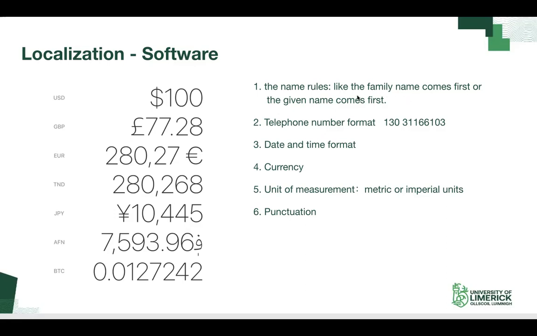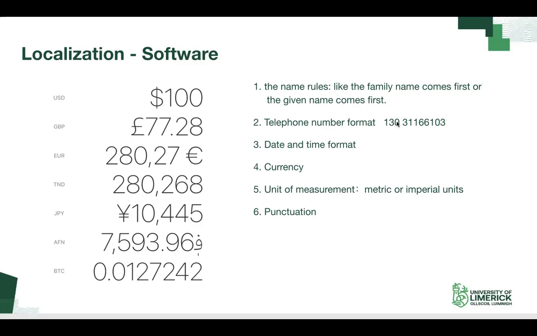In Chinese, the family name comes first, and in English the given name comes first. And the telephone number format is also different. Like this is my Chinese number, and if you travel to China, you can call me.